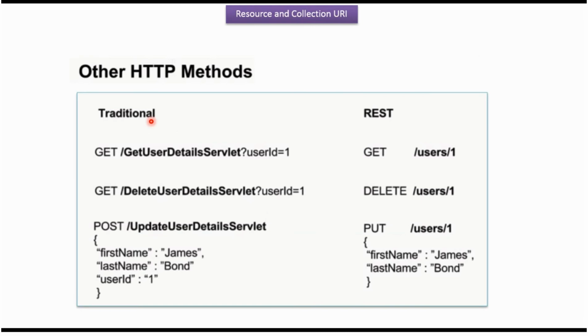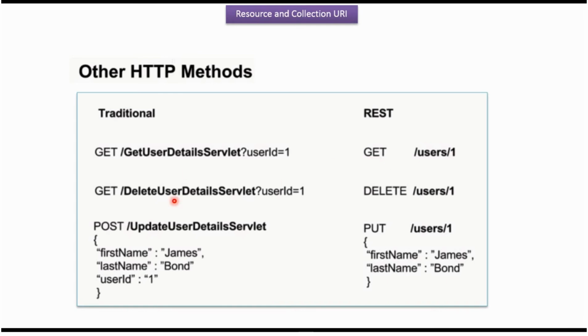In the traditional approach, to get a particular user, the URI will be like this: get user detail servlet, question mark, then in the query parameter mention the user ID, and the HTTP method is GET. In case of REST, the URI will be /users/ and then in the path parameter mention the user ID, and the HTTP method is GET.